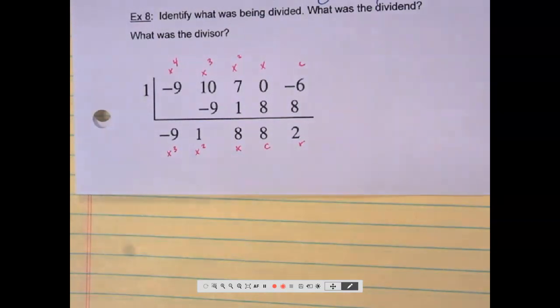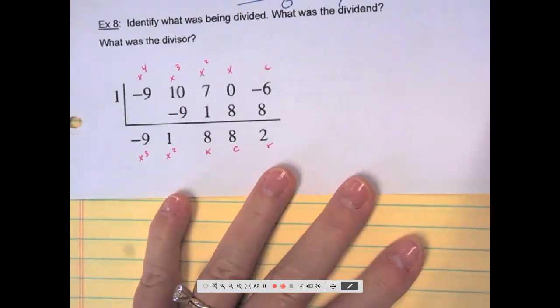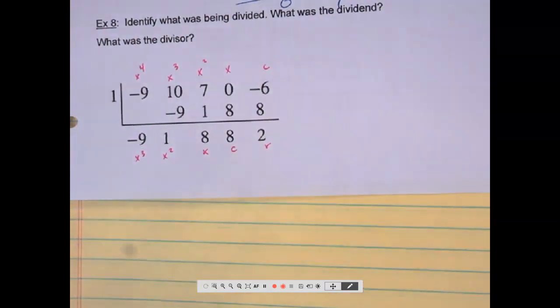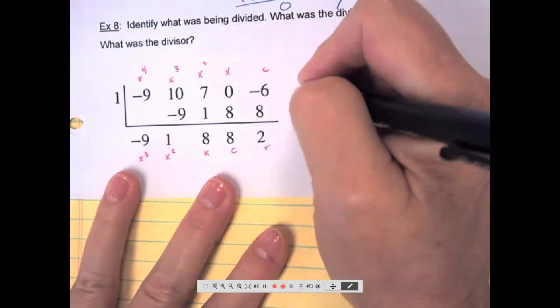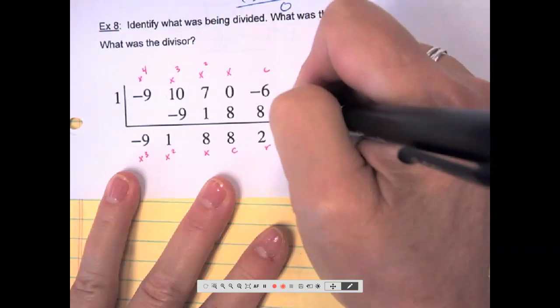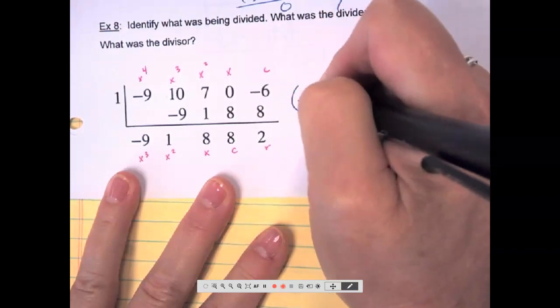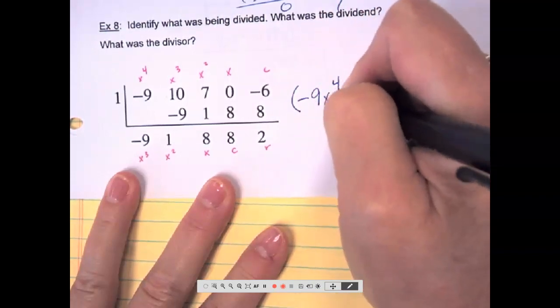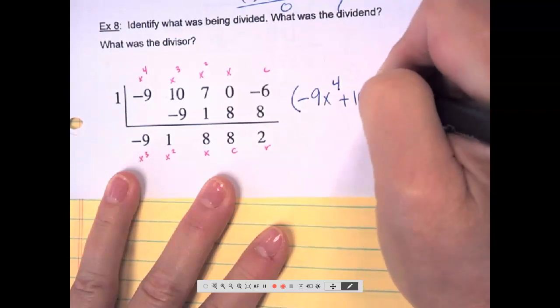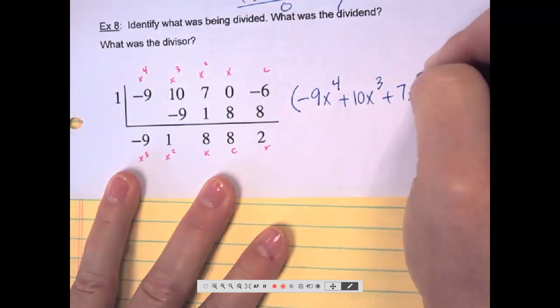All right. For an easy question, what was I dividing by? x minus 1. Okay. So what was I dividing into? Negative 9x to the 4 plus 10x cubed plus 7x squared.